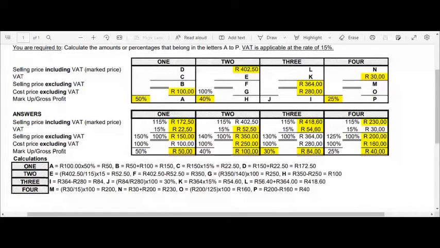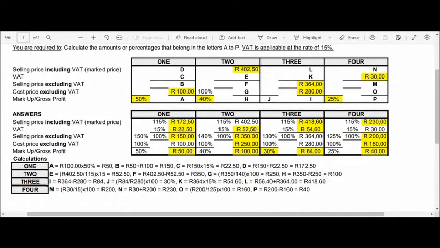I didn't mean the 364. That would have been if it had been a profit margin, not the 364, but the cost price. So the cost price is the 280. So my sincere and profuse apologies. I picked the wrong figure. I picked the wrong line. So you take the gross profit, because this is a markup percentage that we need to calculate.